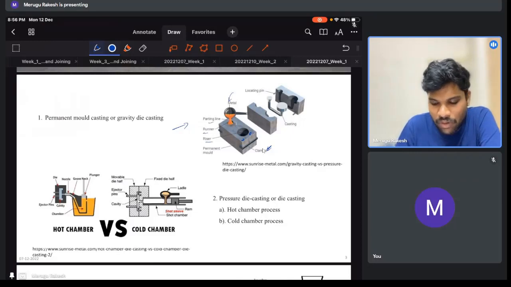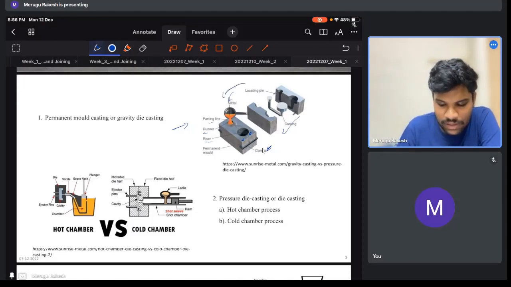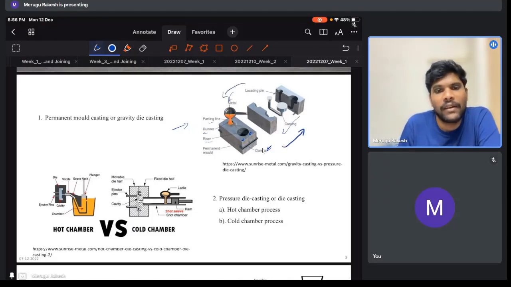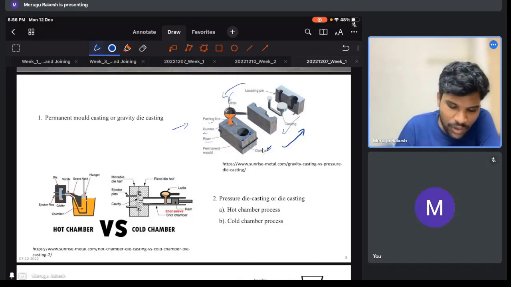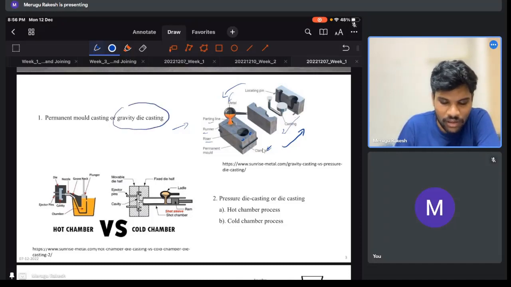Once the metal is poured, we can separate the casting by removing the clamps, and we get the casting out, and we can repeat this process. This can be very fast production. This is simply the gravity die casting, where we are not applying any pressure. We are directly pouring with the help of gravity.